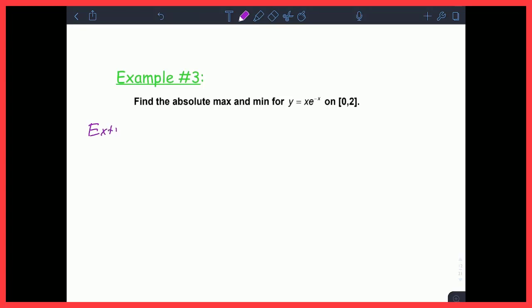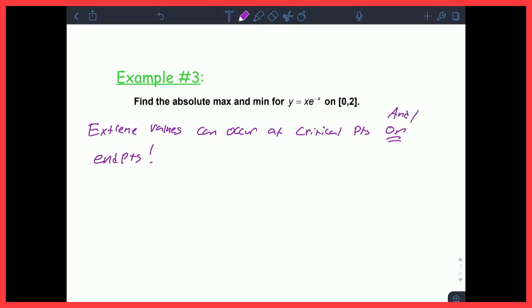Extreme values can occur at critical points or endpoints. Okay? Technically the statement is and/or endpoints. So we have to check critical points and we have to check endpoints.